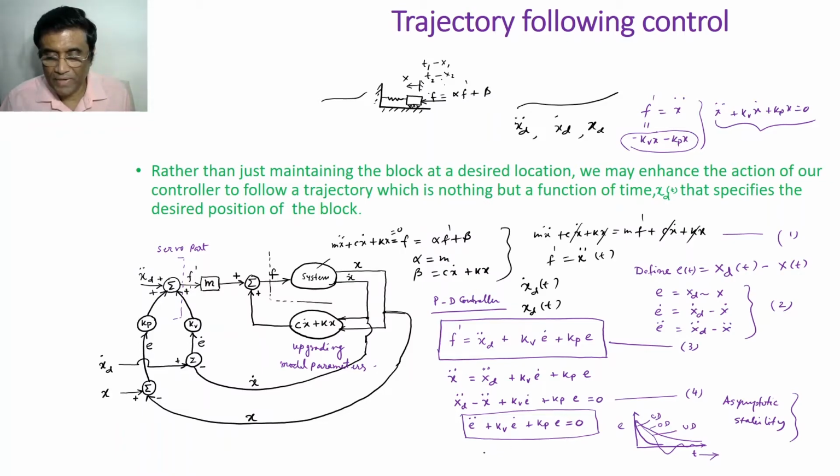Then if you have kv equal to 2 root kp, you can select one, and derive the other from this critically damped situation. So you can ensure that your error is critically damped by suitably selecting the gain parameters. So this is PD control in the error domain, right?